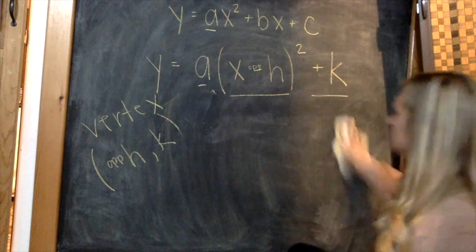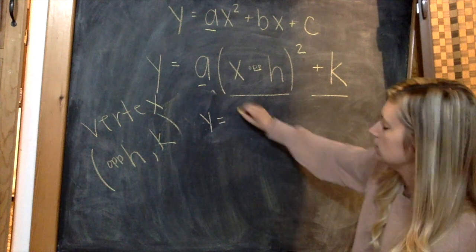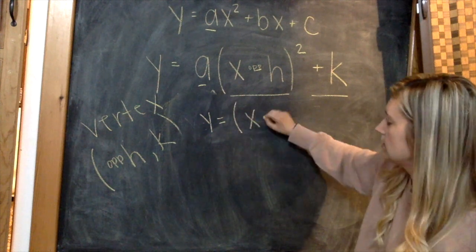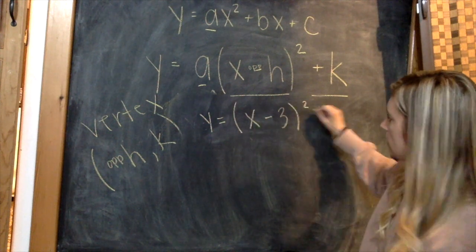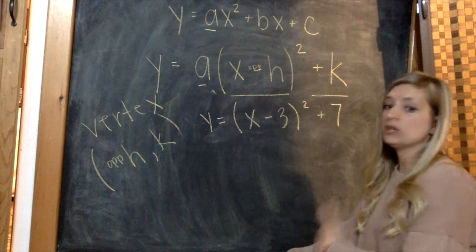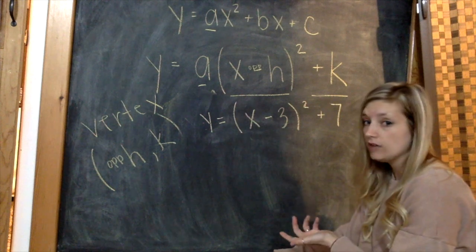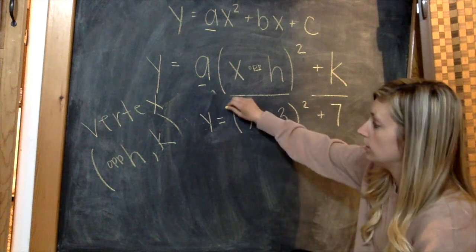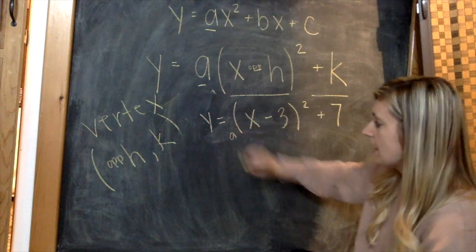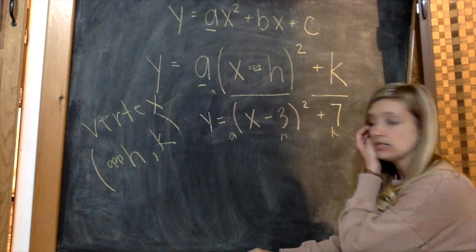Let's do y equals (x minus 3) squared plus 7. Okay, so again, there's nothing in front. If there's nothing in front, that means it's an imaginary 1. That's my A, H, K. So what do I need for my vertex?